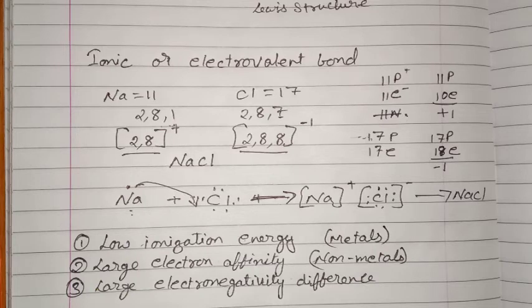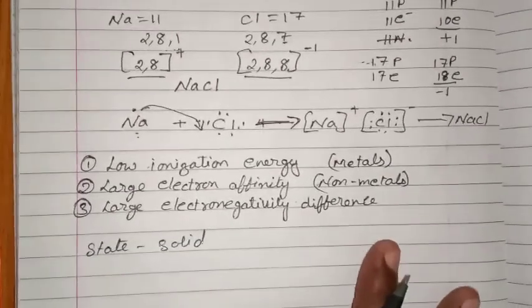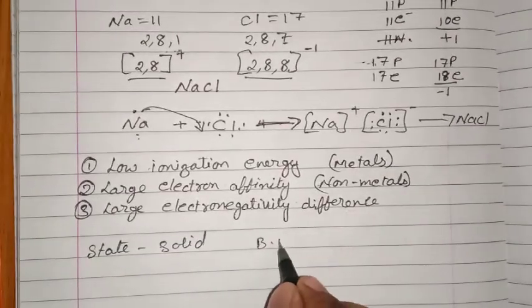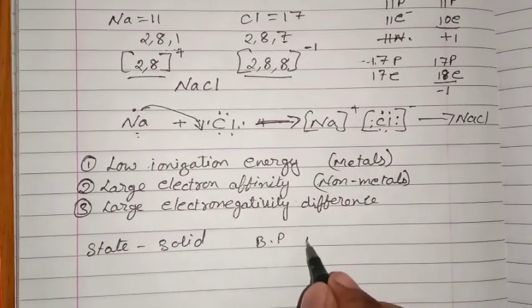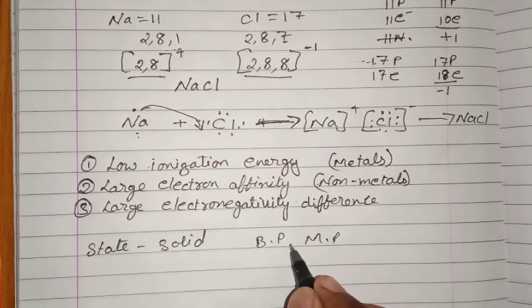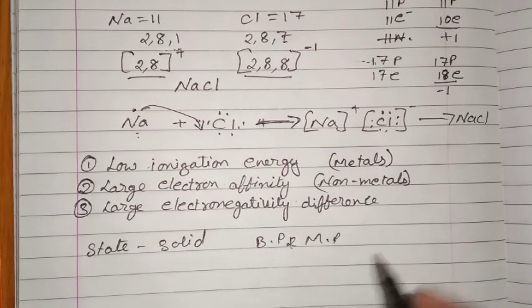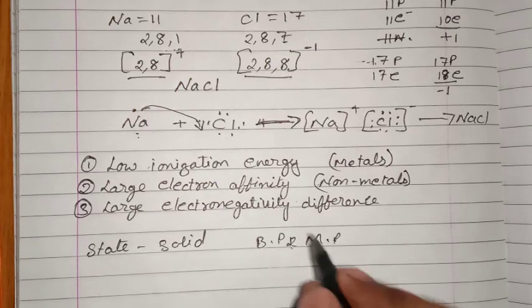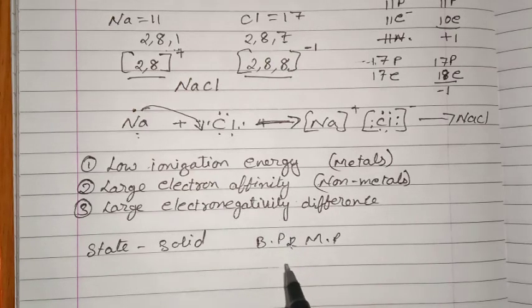Melting and boiling points are always high. Generally they are found in the solid state. Their boiling point and melting point would be large, because of the strong electrostatic force between the two elements.